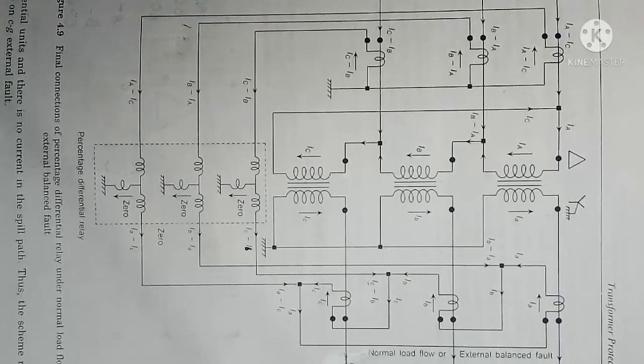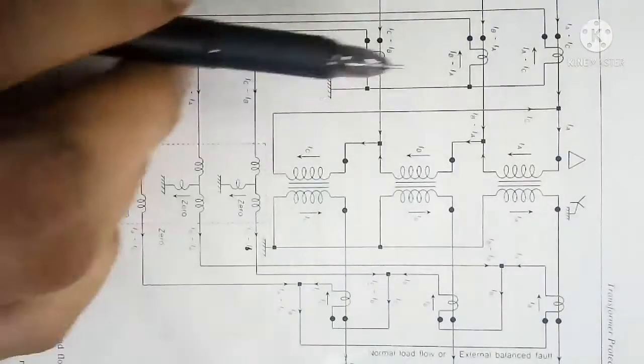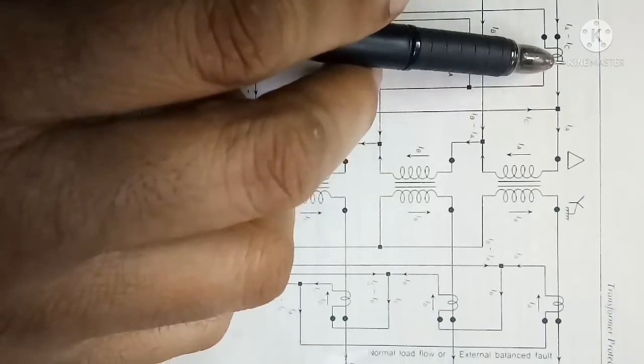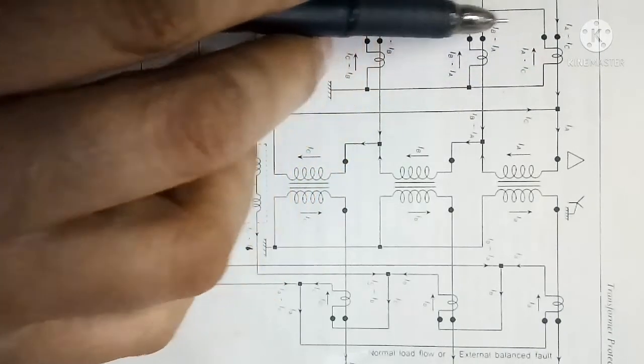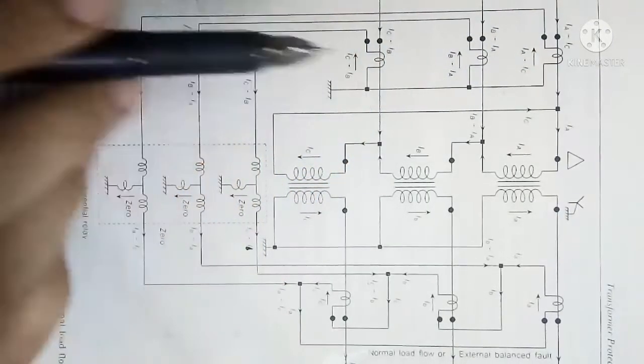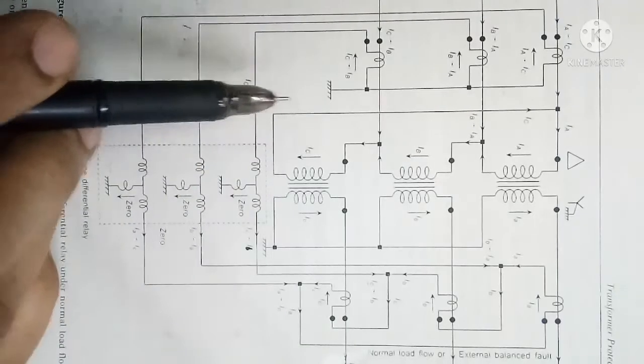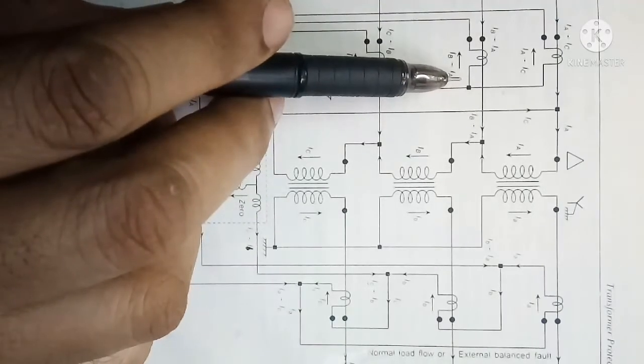Now here is the complete connection diagram for percentage differential protection of power transformer. You can see now the primary side CT secondaries are connected in star.